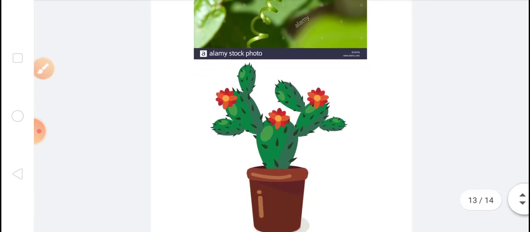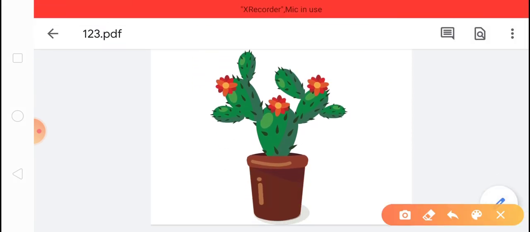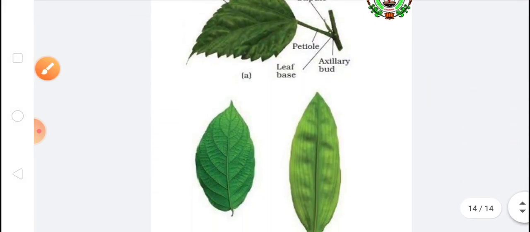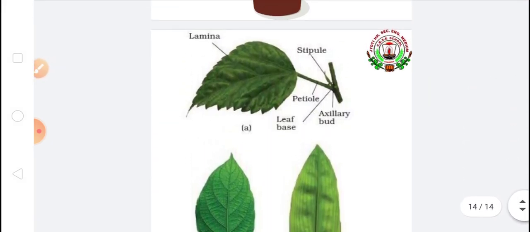You can see the tendril in the picture. Leaves are also modified into spines, which reduce water loss and protect the plant from being eaten by grazing animals. A flower of a plant is its reproductive part, and we also studied the process of pollination.